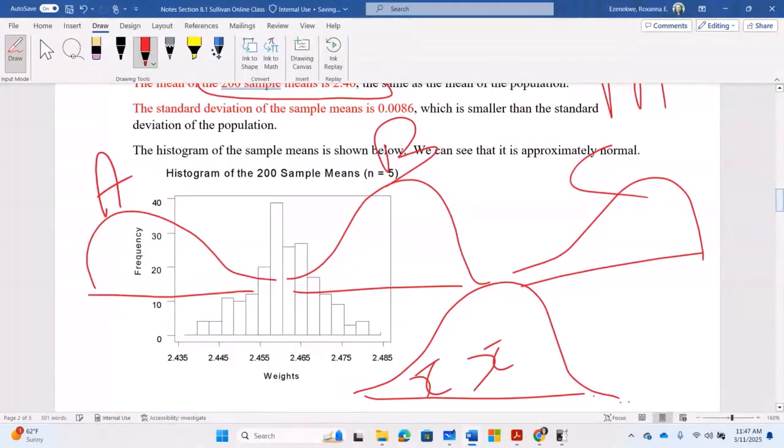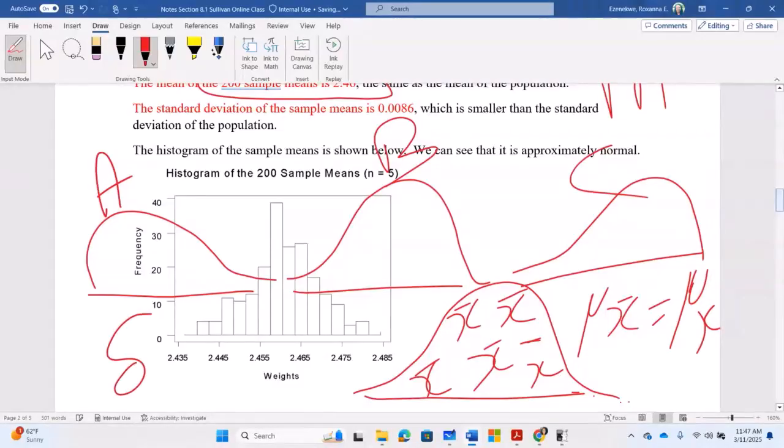I want you to see me draw x bars here. The distribution of means. This distribution is made of sample means. The mean of the distribution of means is called mu x bar. It has to be equal to the mean of the original data.